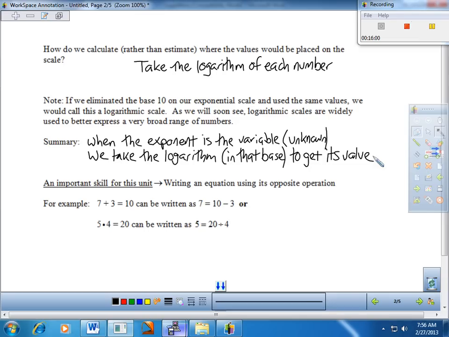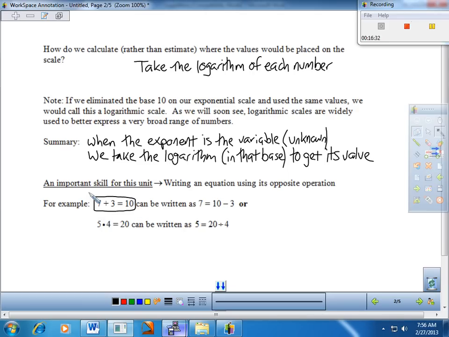All right. Now, one very important skill for this unit, as it says on your paper, is writing an equation using its opposite operation. I don't mean to dumb this down too much or oversimplify things, but I want to give you an example of this before we hit the backside with these new operations. It seems kind of silly, but do me a favor, box this up right here.